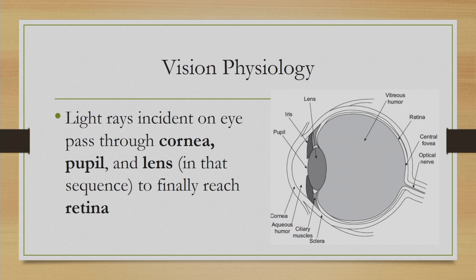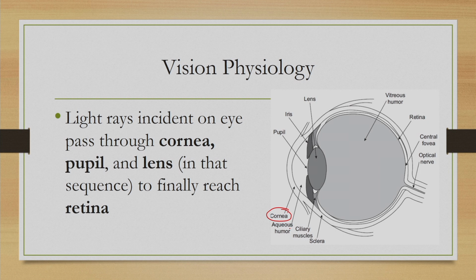Let us try to go through the physiology of vision in a brief way. Look at the figure here. So, this figure shows how our eye is organized. So, we have cornea, that is at the outside of the eye.